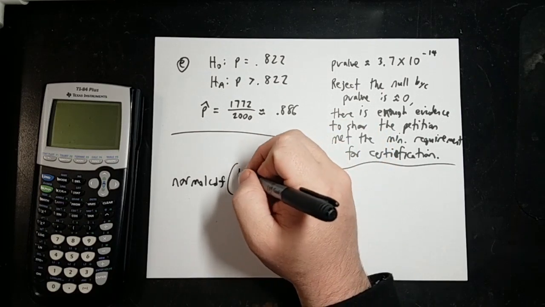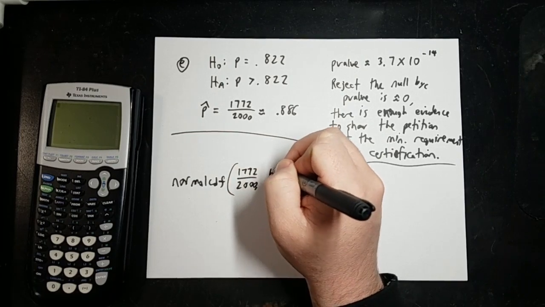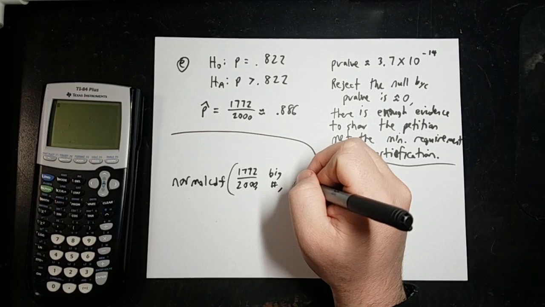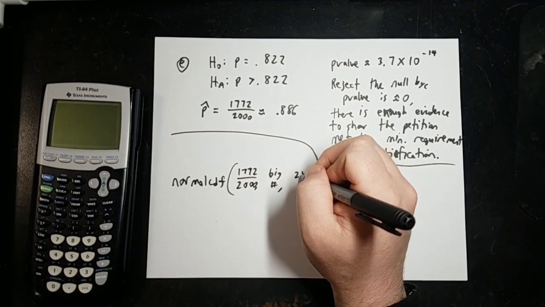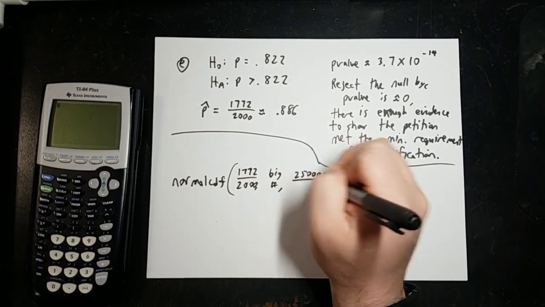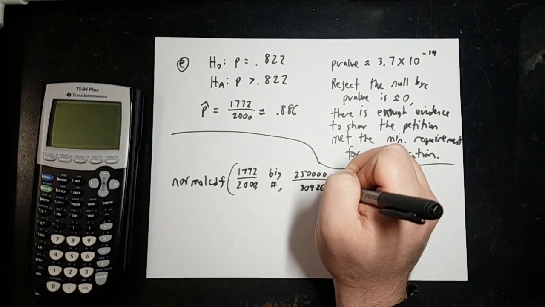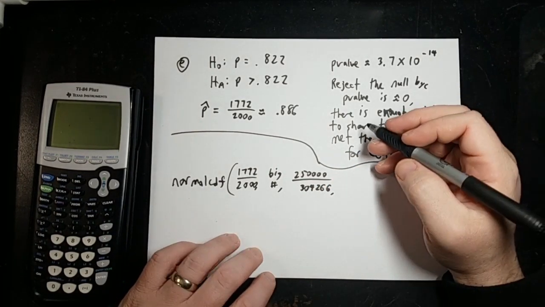You could do normal CDF, the sample size, or better. In this case, we had 1772 over 2,000, comma, big number, assuming a mean of 0.822, which was that 250,000 number. I'm actually going to type this in exactly as I write it here, just for the fun of it. It's going to be rounded.